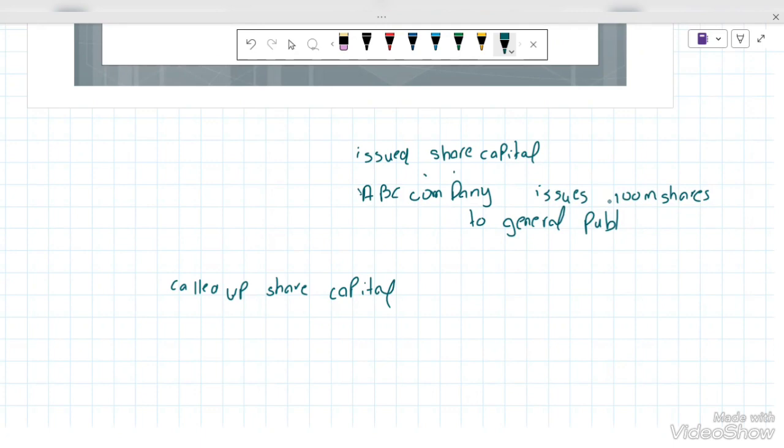After some time, you will ask your shareholders to pay that amount to the company. This amount is called up share capital, which is called by a company to pay the amount of the shares purchased by your shareholders. Okay.